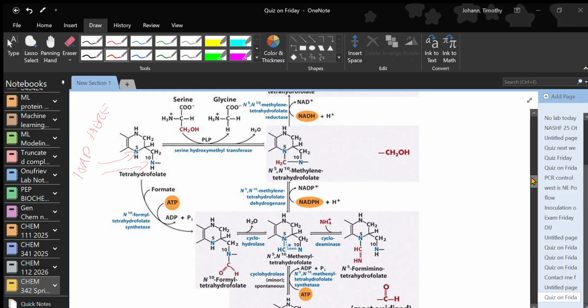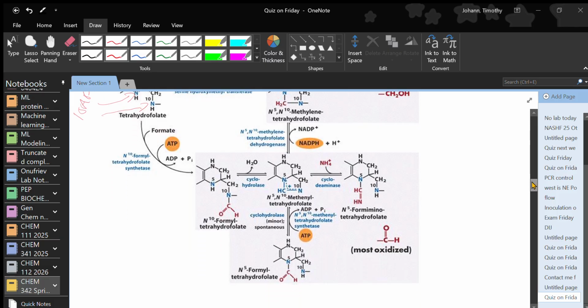I'm looking in the wrong place. Give me a second. No, it's fine. This is 5,10-methylene tetrahydrofolate. So this is our substrate down here, and this is the reaction that we're going to do.